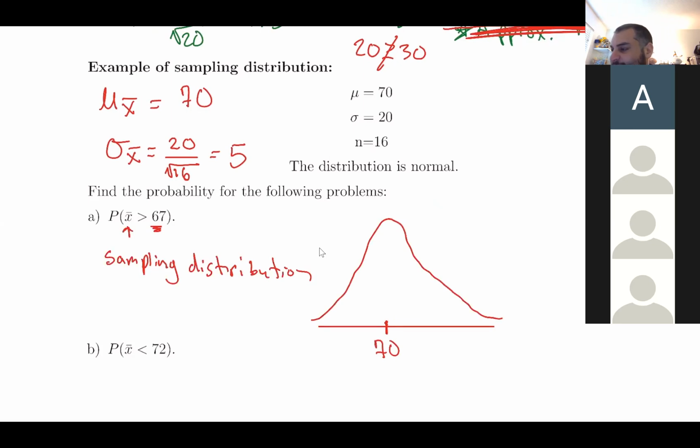So 67 is to the left of 70 because it's smaller. Since the inequality is pointing to the right-hand side, you're going to shade the right-hand side. So far, any question in regard to my drawing?